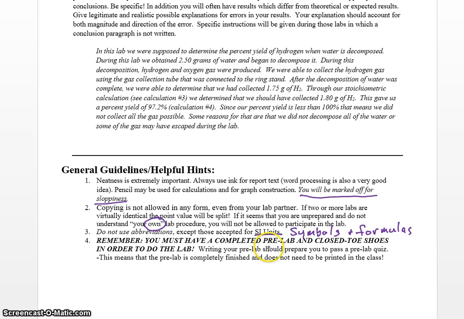You need to have it in hand, ready to go before the class begins. It is acceptable for you to come in sufficiently early to have your teacher look at the pre-lab and then to fix it and print it before class starts. Make sure that you have allowed plenty of time to do that.